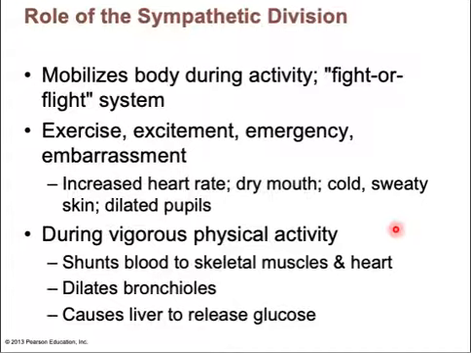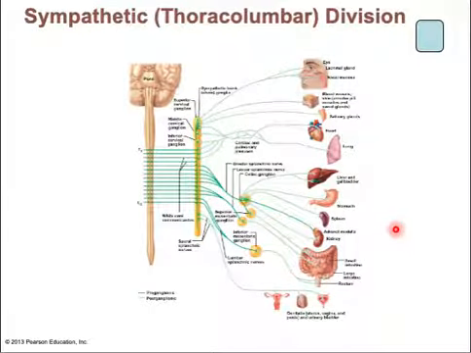Another effect is to dilate the pupils and to produce dry mouth, right? And so you can see the targets here. Preganglionic neurons emerge from thoracic vertebra 1 all the way down to lumbar 2, okay? And they form the lateral horns of the spinal cord, right?